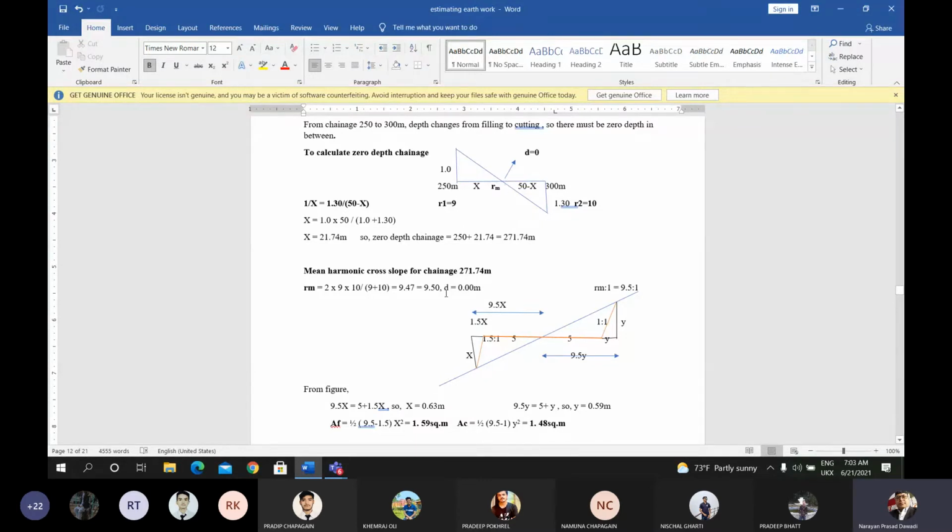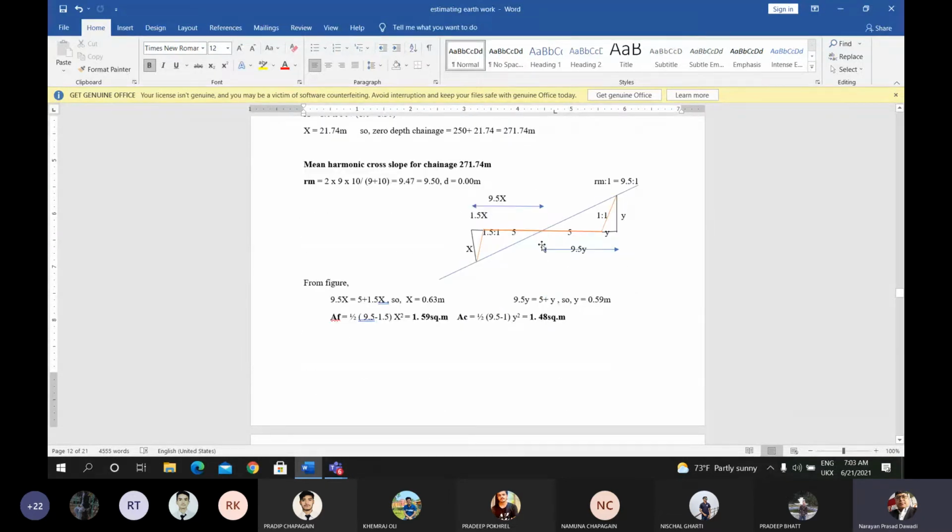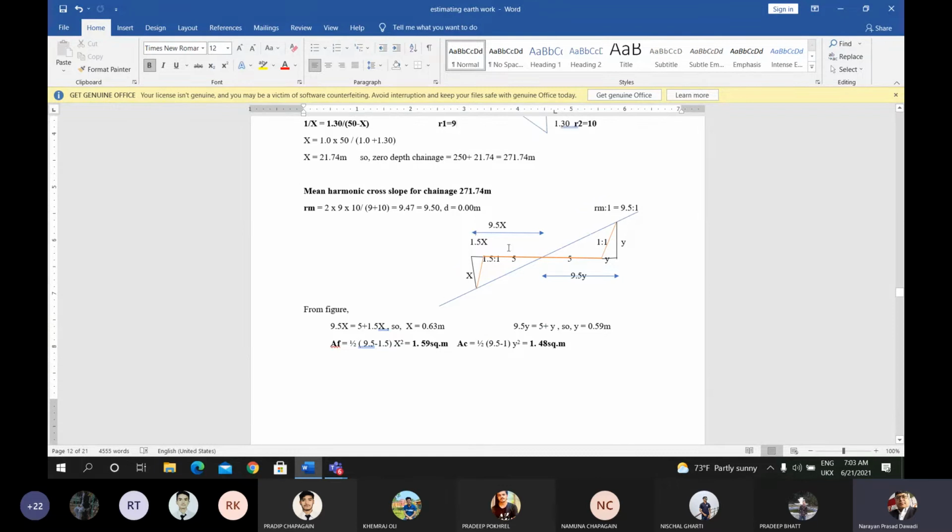Okay, now depth is given for this cross slope at chainage 271.74 meter as 0. Now draw the section as D equal to 0 there, as in the previous case, and put in all the values. D is equal to 0 and Rm as 9.5 is to 1.